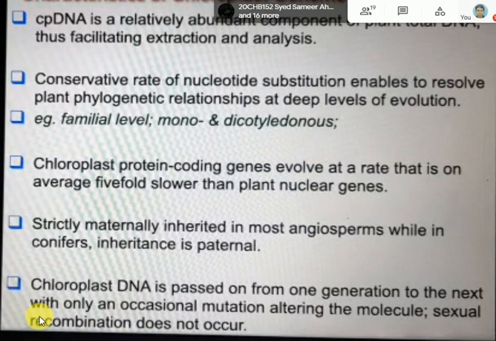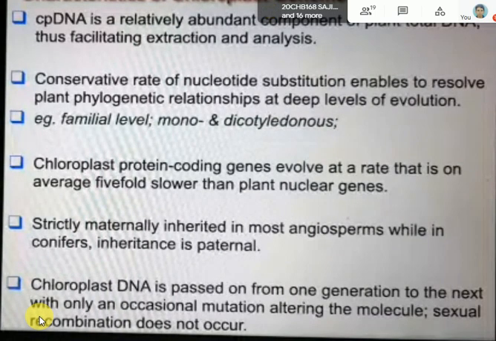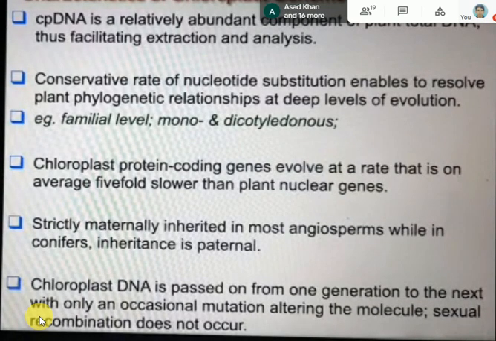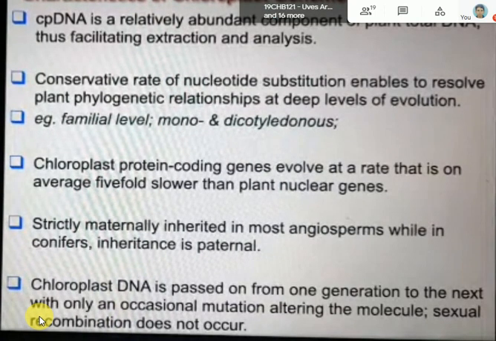There is no meiosis, no genetic material exchange occurs between two different cells. But sometimes, due to one reason or another, mutation can occur. So this is the information about the characteristics of the chloroplast genome.